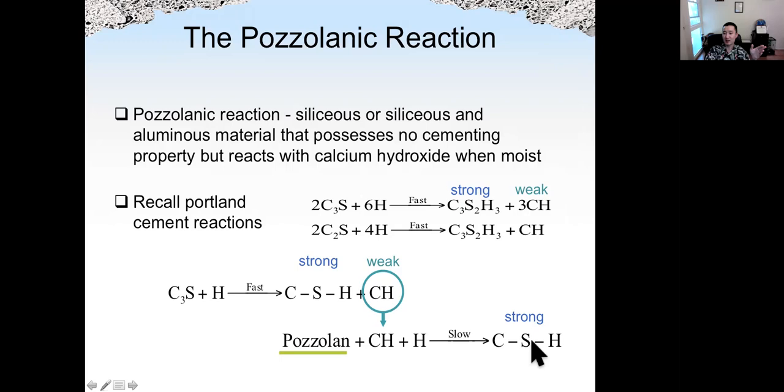It will generate CSH again. Remember, CSH is strong and insoluble in water. So basically, pozzolanic materials will transform the weaker and soluble calcium hydroxide into stronger and insoluble CSH. That makes concrete stronger and more durable. So the pozzolanic reaction is very beneficial to concrete.